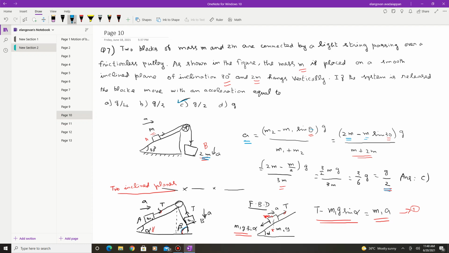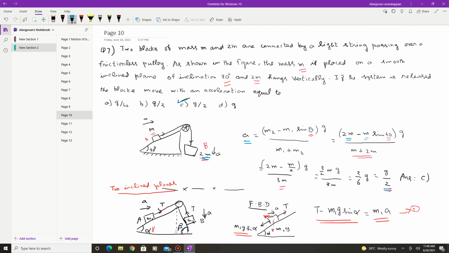The two masses are connected by a string over a pulley, and since beta is larger than alpha, we expect mass m2 to move downwards on the other side of the pulley. This is the direction of acceleration.